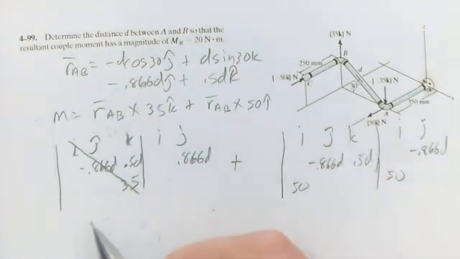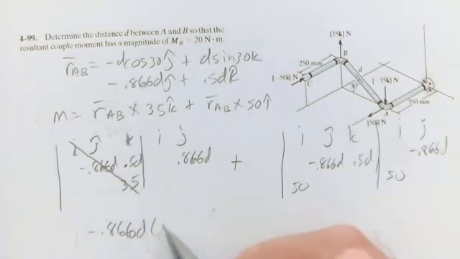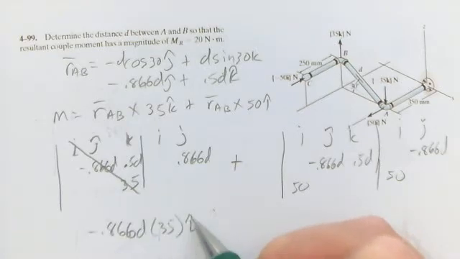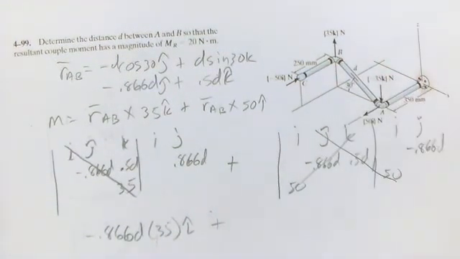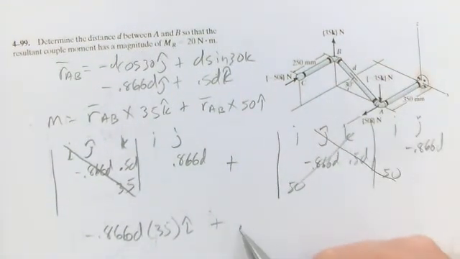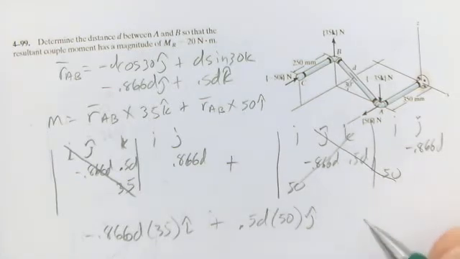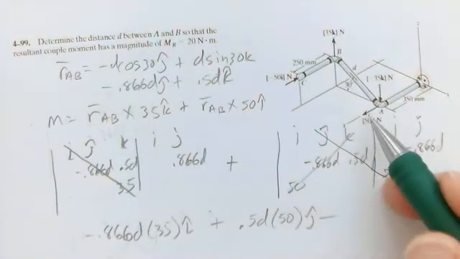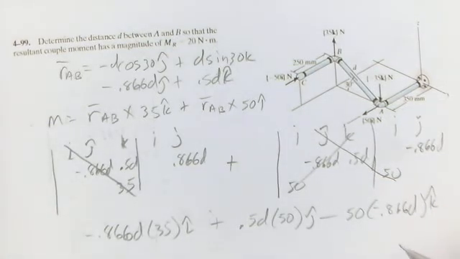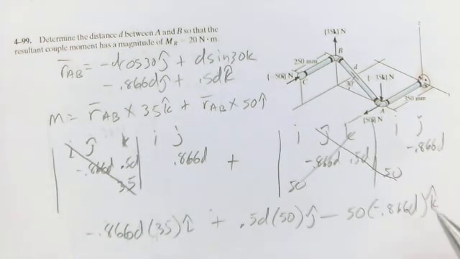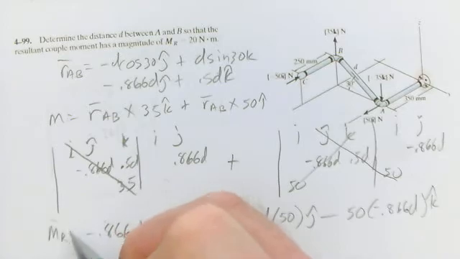So for this one, this is our only non-zero outcome. So that gives us negative 0.866 D times 35 in the I direction. And on this one, we have this and this. So that one first is going to give us 0.5 D times 50 in the J minus, because it's going up here, 50 negative 0.866 D in the K. So now all we have to do is simplify these, and we get this is the resultant moment.